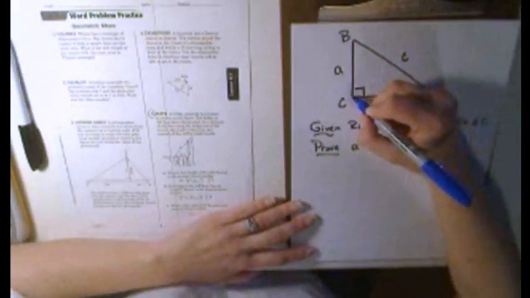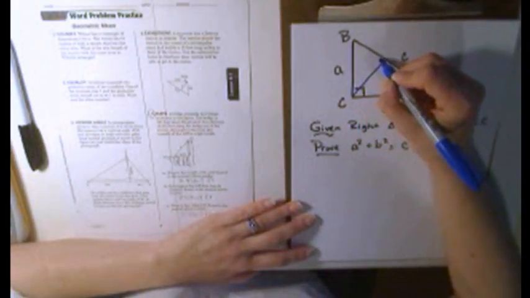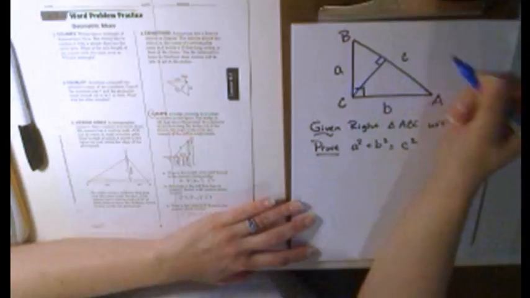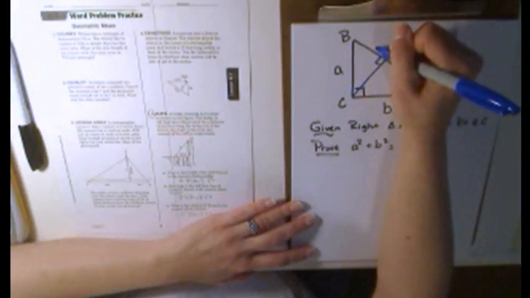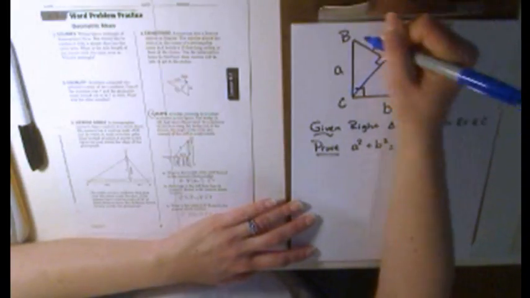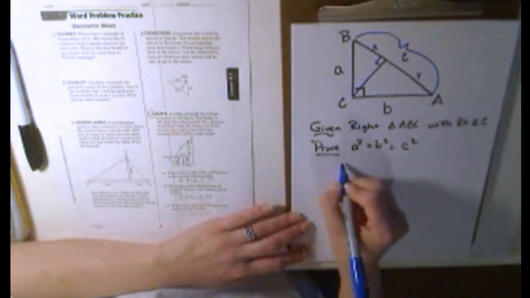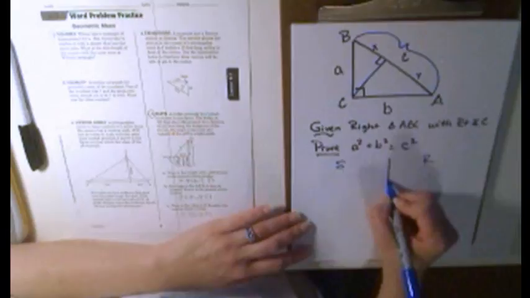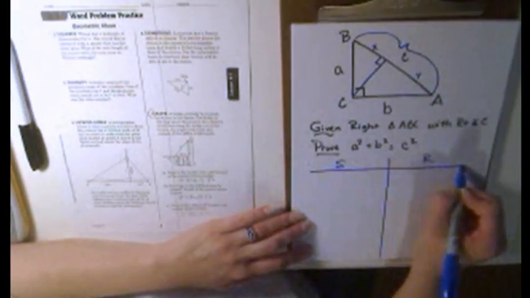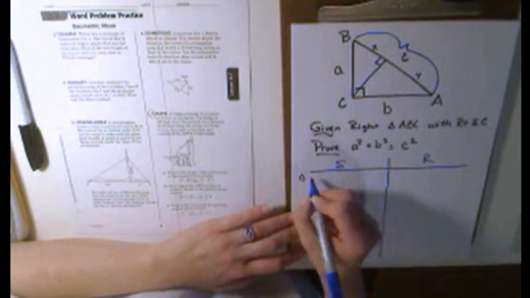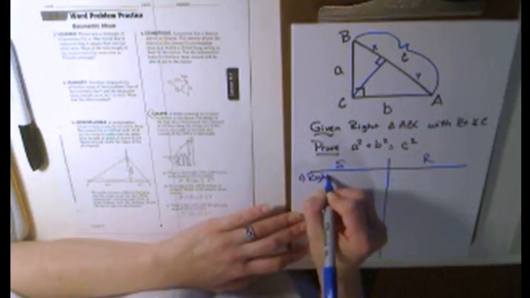Okay, so what we're going to do is we're going to draw an altitude to the hypotenuse, breaking it into two segments. We'll call this one X and this one Y, C being the entire hypotenuse. Writing down the given.